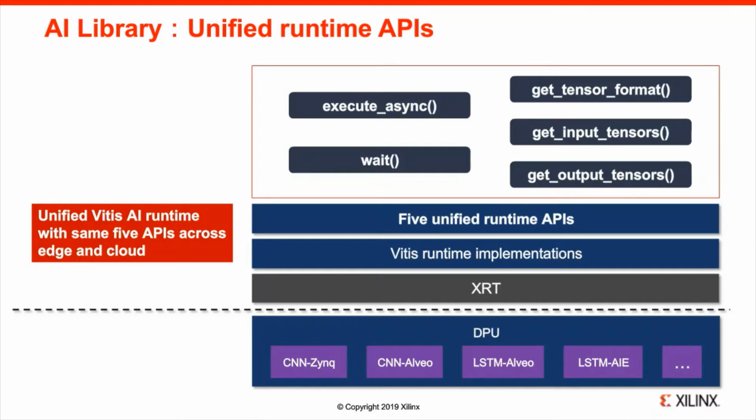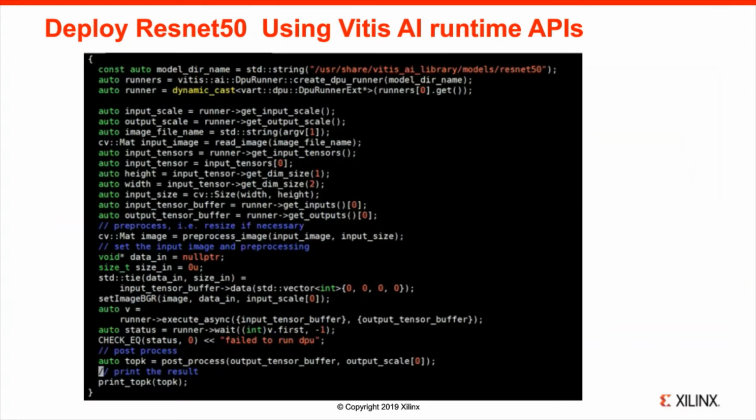Here is a code fragment for how we deploy a ResNet 50 network on DPU by using these Vitis AI runtime unified APIs. I won't explain the code line by line, but I will show you some key parts of this deployment. At the very beginning, we define the model directory here. The model, the instruction set, is the output of the AI compiler.